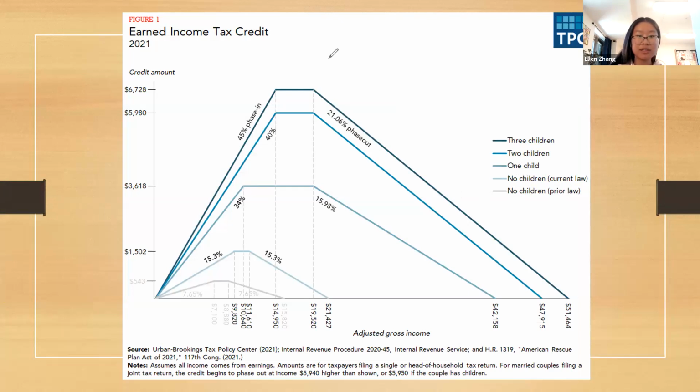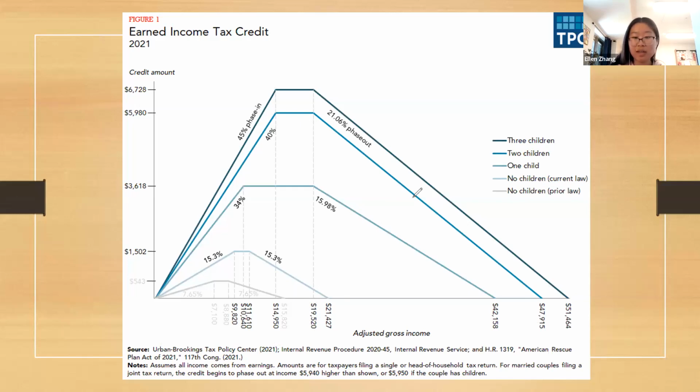And we can see how much credit you'll be able to get based on the number of children. We can see the highest amount is $6,700 of the earned income credit based on having 3 children and having a gross income around $14,000 to $20,000.